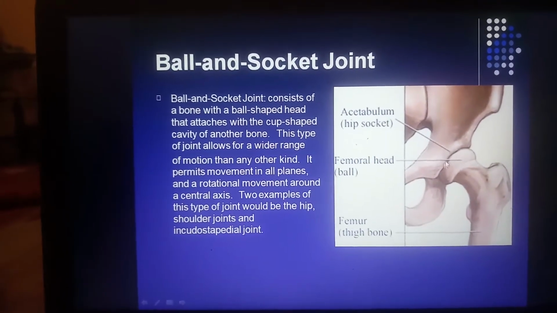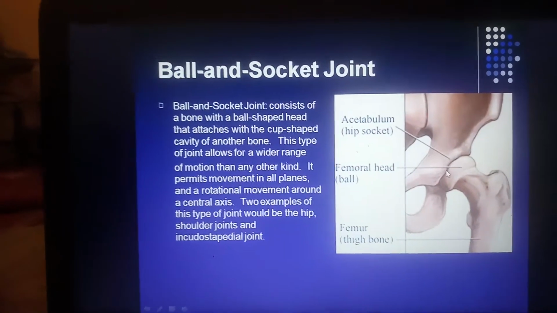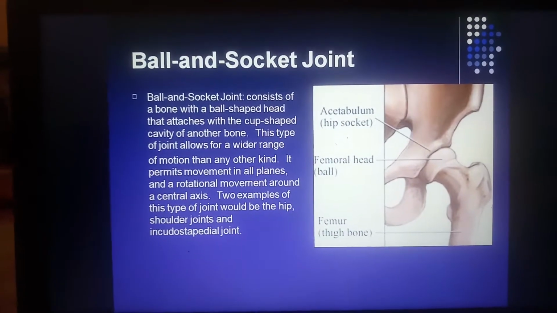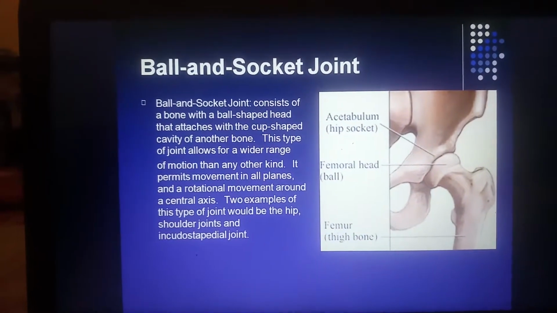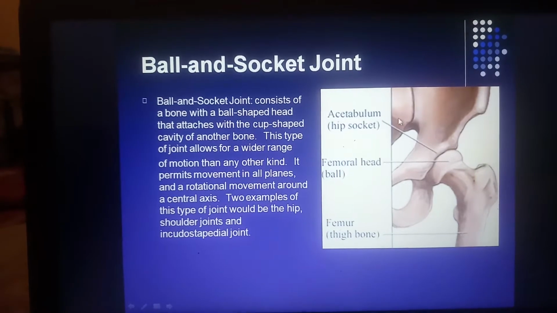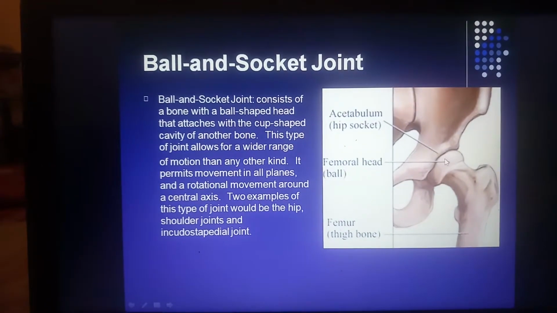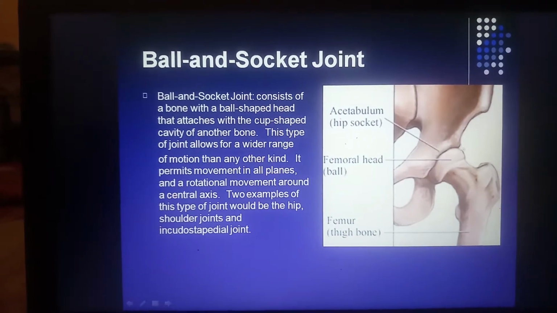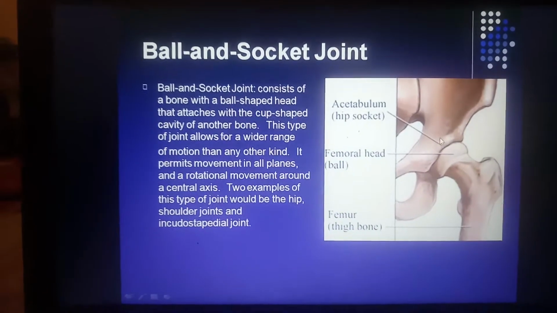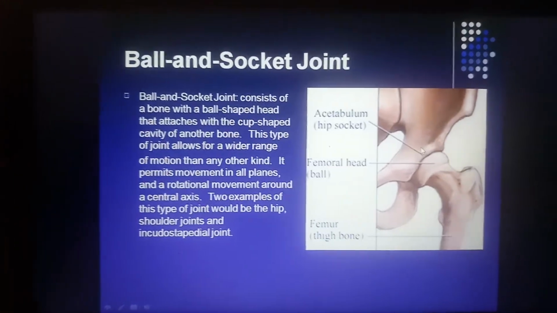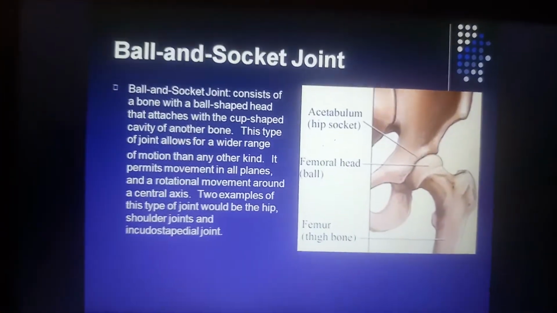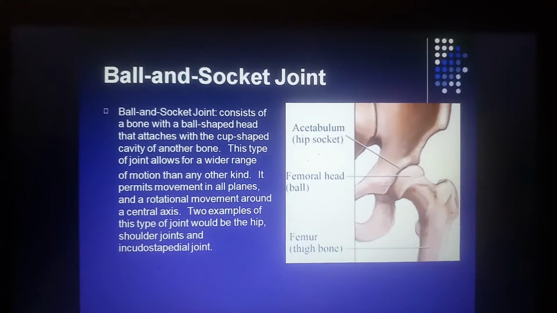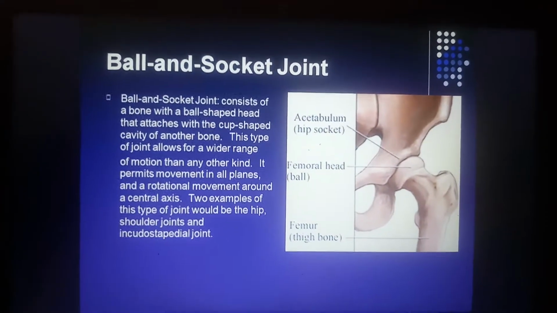Here the acetabulum has the concavity. It will act as a socket or cup-shaped cavity. The rounded ball of the head of the femur will be approximated in this cavity, and the stability of this joint is further enhanced by the fibrous capsule and the ligaments. This is an example of the ball and socket joint.